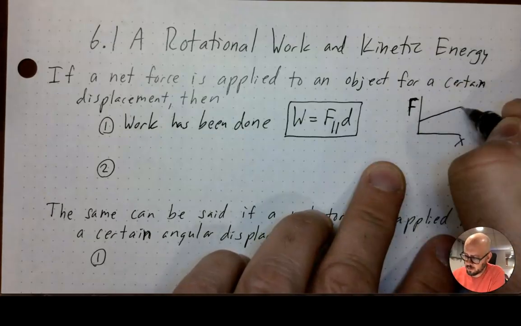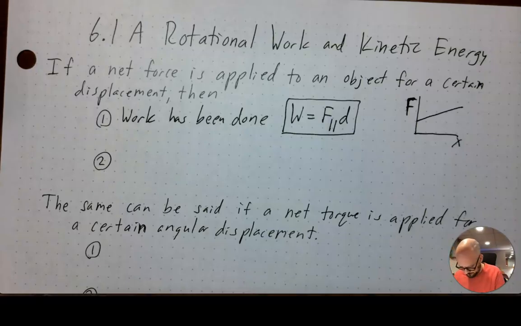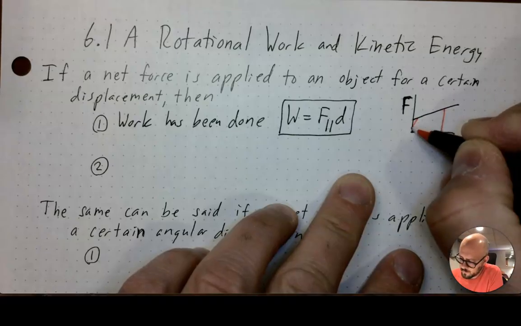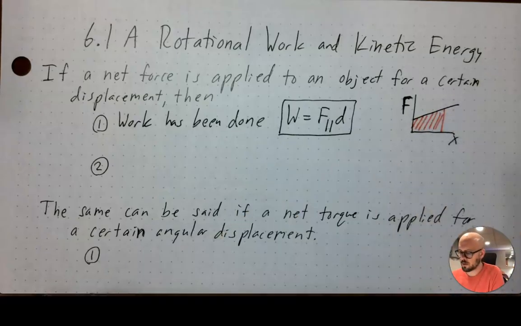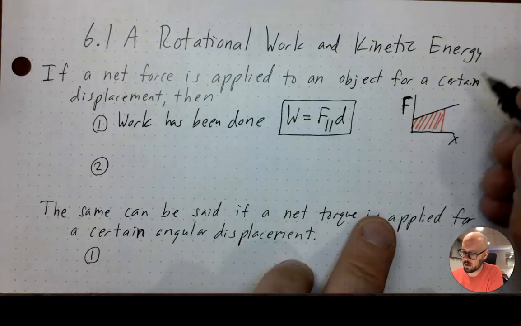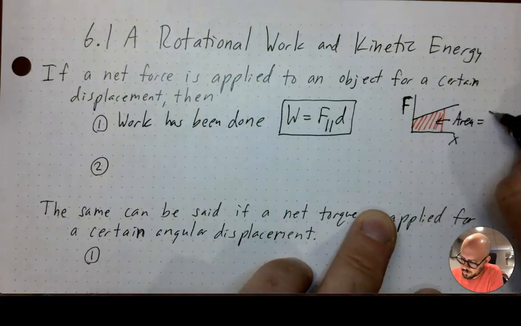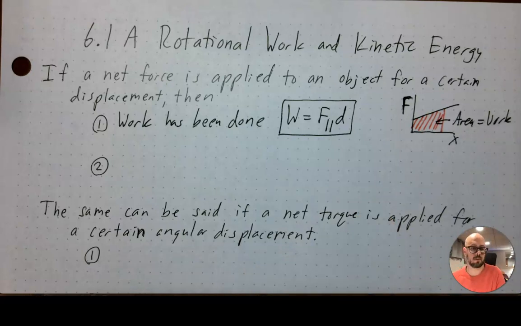If there is a variable force or a constant force over the course of the displacement of an object, and you found the area underneath that line and the x-axis, that area is equal to the work that has been done. So that's something that I'm going to gloss over. You can review on your own.